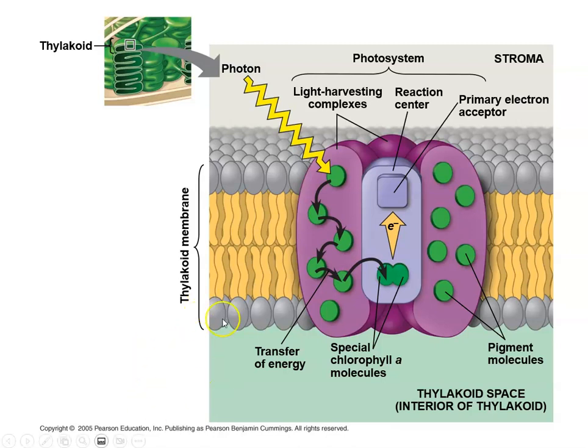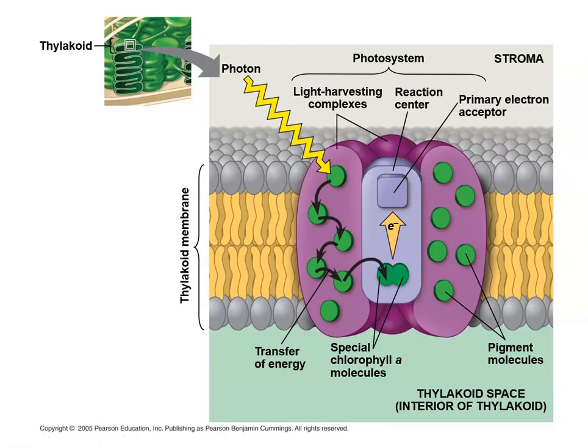Ultimately, there's a special chlorophyll molecule shown in the middle here where electrons are released from and arrive at something that's more electronegative than where they were. That's how electrons always move, and it's just a generic thing named here.